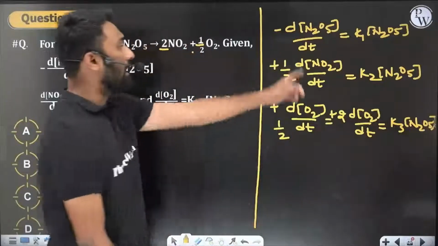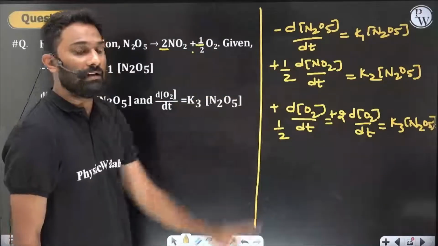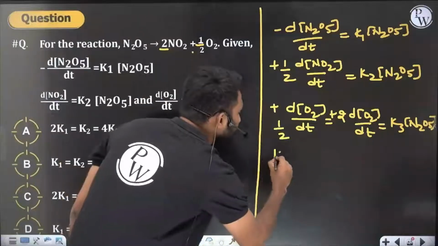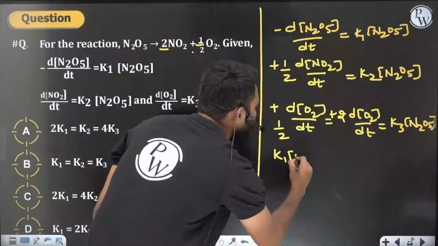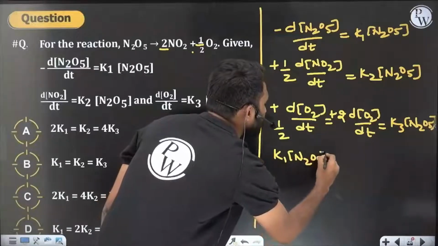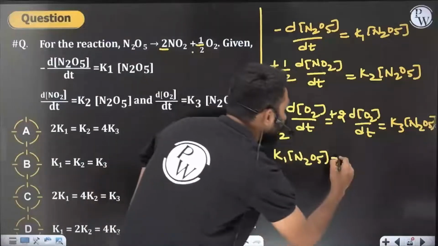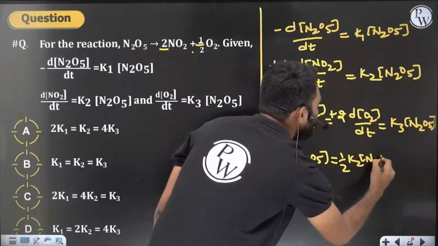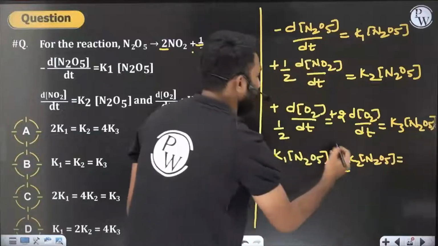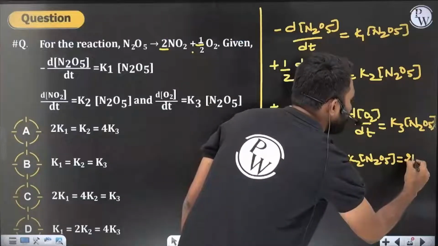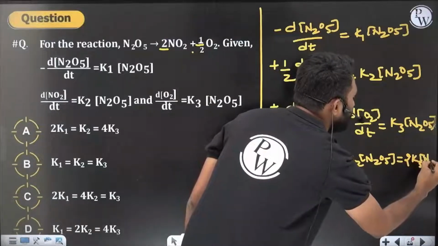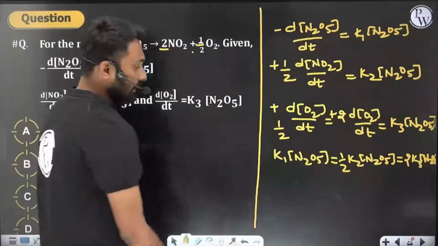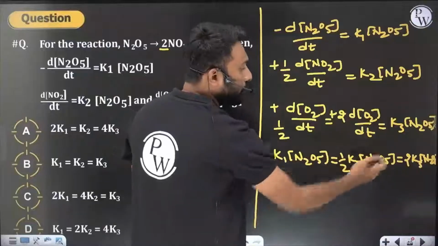Now match the K1, K2 and K3. K1 N2O5, half K2 N2O5, and 2 K3 N2O5. Now N2O5 is common.